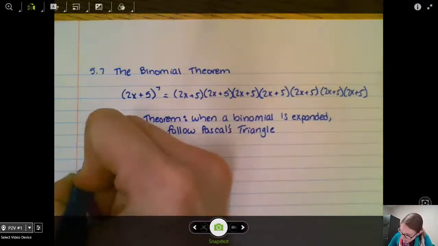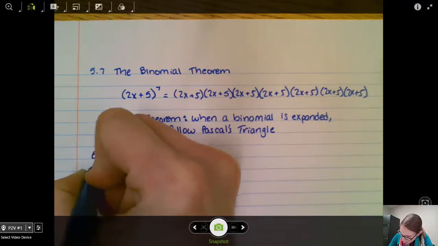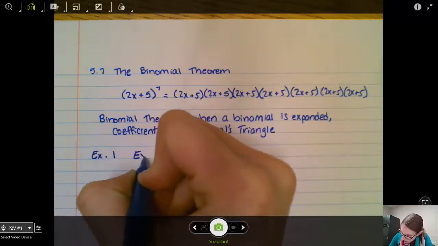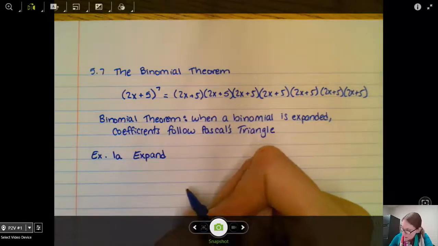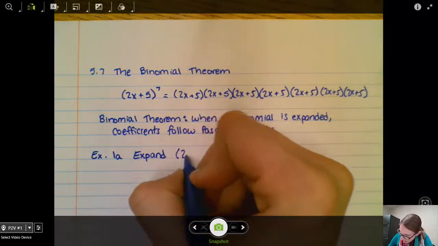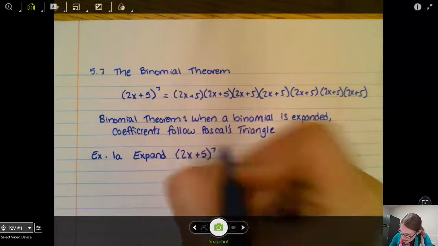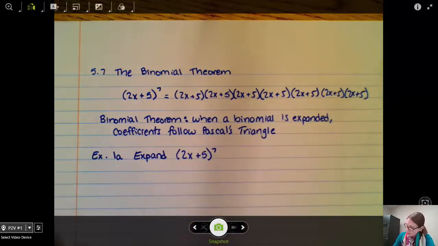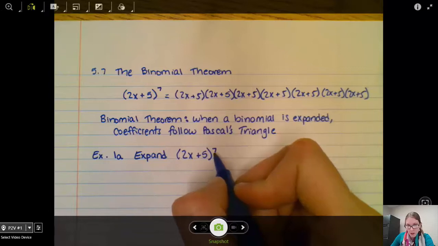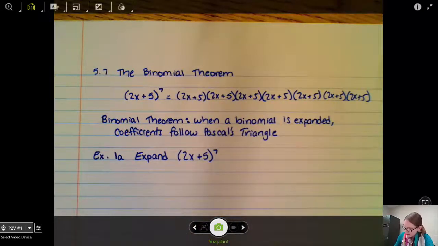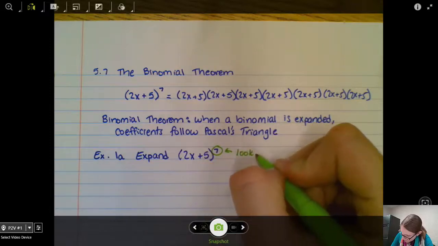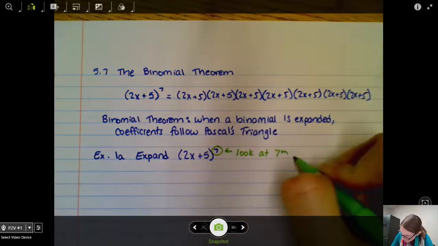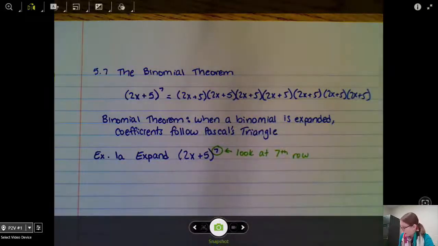Okay, so if our first example, call this example 1a, was to expand 2x plus 5 to the 7th power, what I want to do is look at the 7th row of Pascal's triangle.